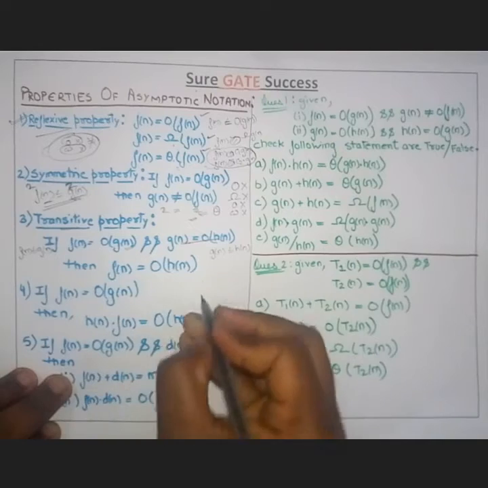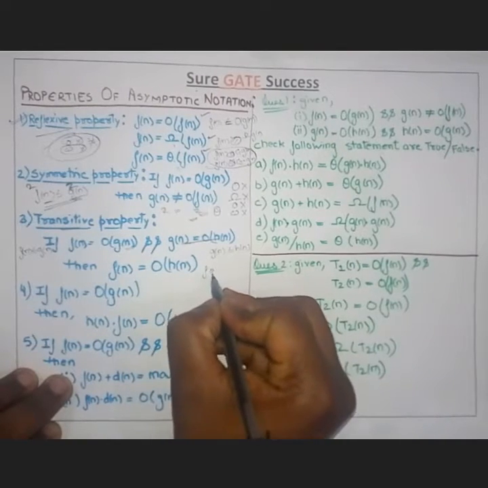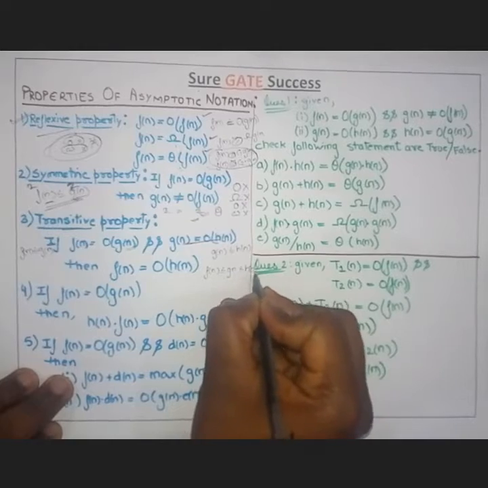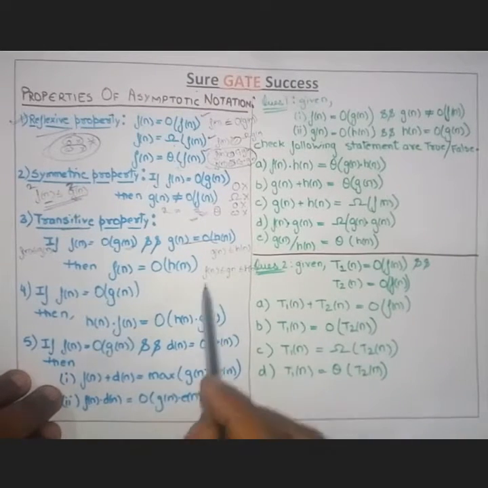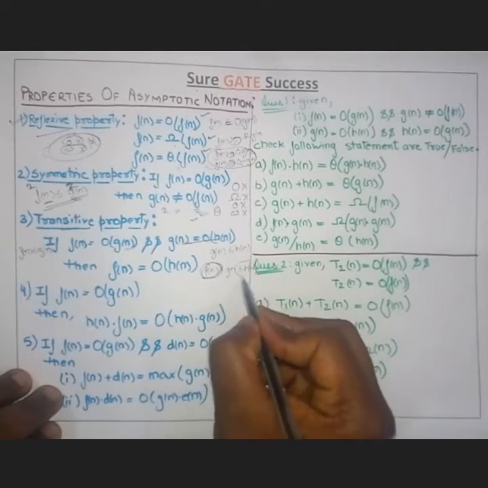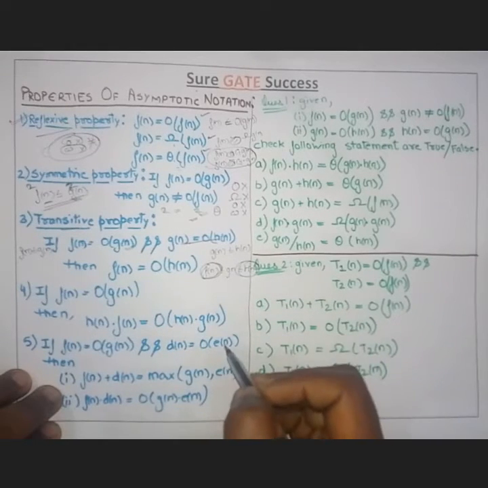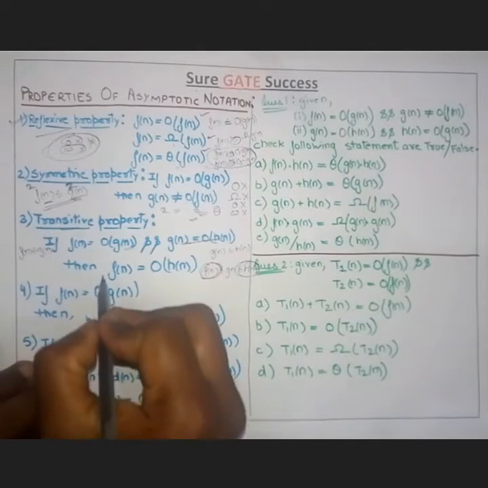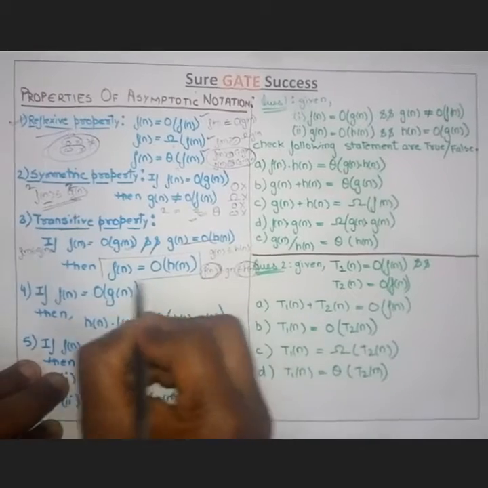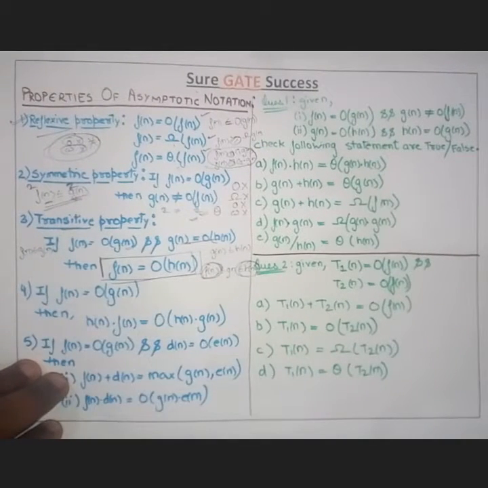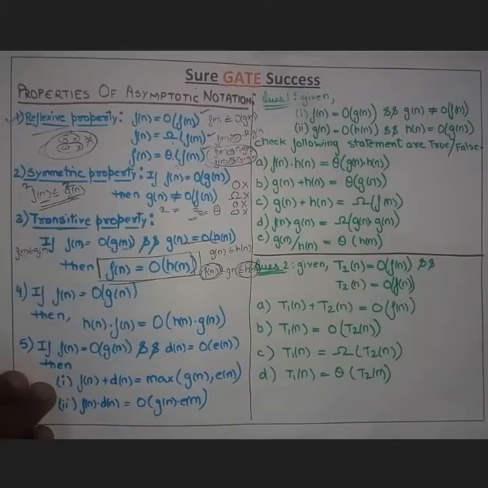So we have that f of n is smaller than g of n, which is smaller than h of n. So we can conclude that f of n is less than or equal to h of n. As f of n is less than h of n, we can strictly say that f of n will be big O of h of n, isn't it?